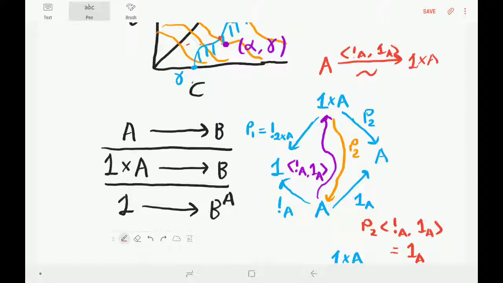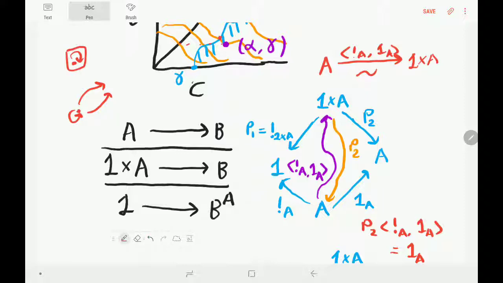Now, more generally, let's say we're working in the category of graphs or something like that. Well, the terminal object in the category of graphs is just a single vertex with a self loop. And so a point in a graph is just going to be a self loop.